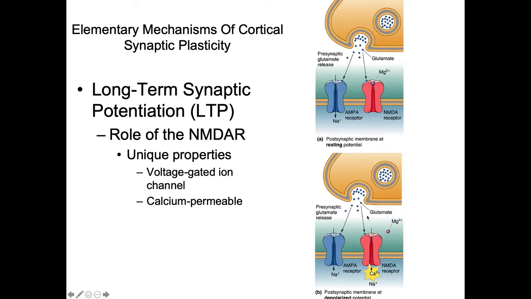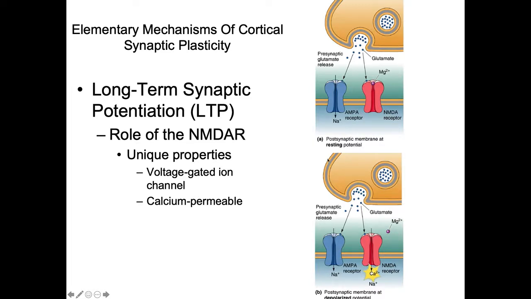There's complexity here that I'm not going to get into in a lot of detail. But what is occurring is that glutamate is released, and under normal circumstances, glutamate will activate the AMPA receptor, but isn't sufficient to unplug the magnesium block that's present on the NMDA receptor.